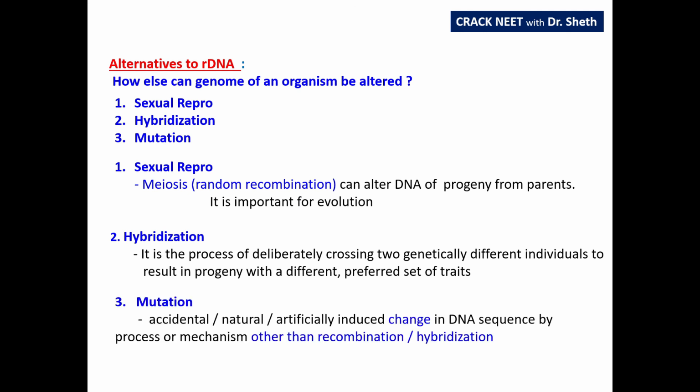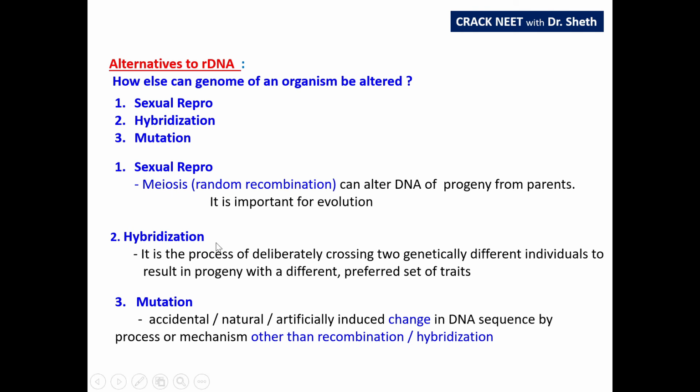Mutation. It is the accidental, natural or artificial change in the DNA sequence by processes or mechanisms other than the above two, that is other than recombination or hybridization. Sexual reproduction and meiosis, which causes the change in the gene sequence in the progeny, can be considered a natural process. Hybridization is done by human beings in other organisms. Human beings themselves hybridize, and they can bring about hybridization in other animals.